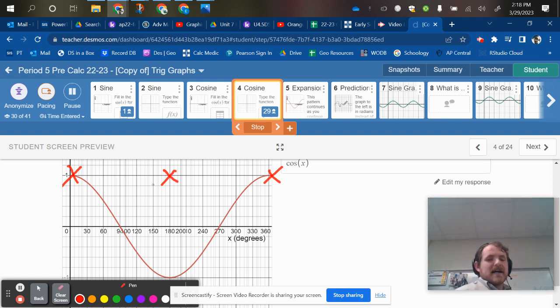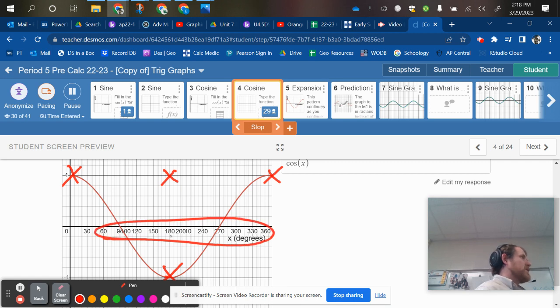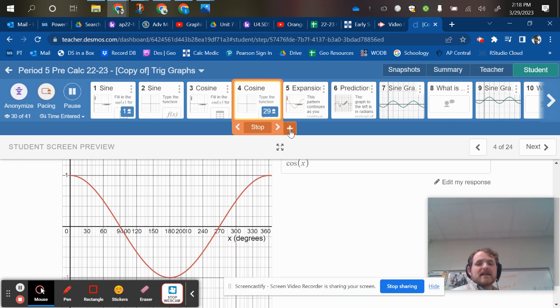But for cosine, again, it's different. You want to have the x down there, and then there's two x-intercepts in between. So again, you don't need that x up at the top, and then your first x-intercepts at 90, and then 270 to make your 5 points for your period. Okay, so hopefully that's making some sense.